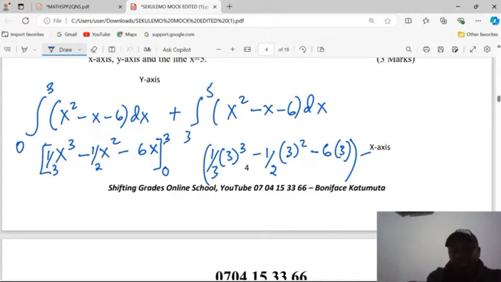We subtract when 0 has been substituted. And when you substitute 0, because every term is having x, it will definitely become 0. So now we can substitute a third into 3 power 3 minus half into 3.